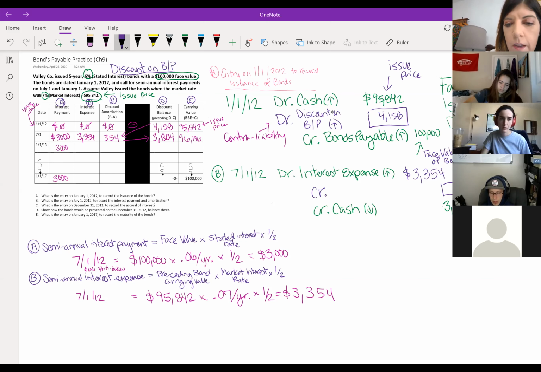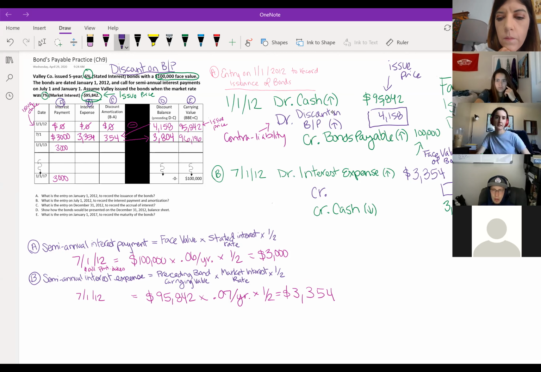We're going to credit which account? Discount amortization. There is no account called discount amortization, but close. It relates to the discount amortization. It is coming from column C. What account are we reducing directly related to the discount amortization? Interest payable. Discount on bonds payable.